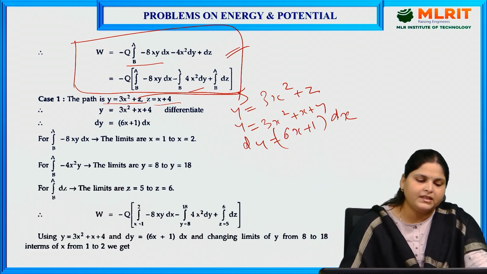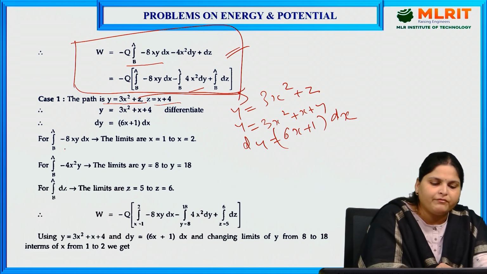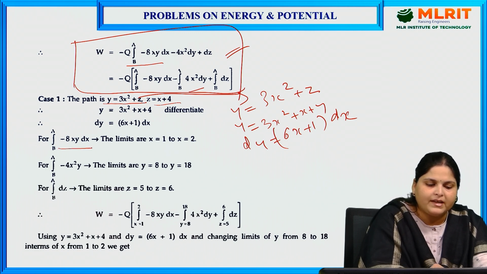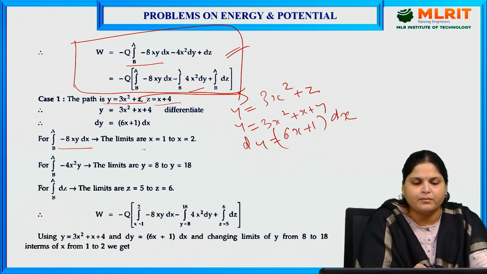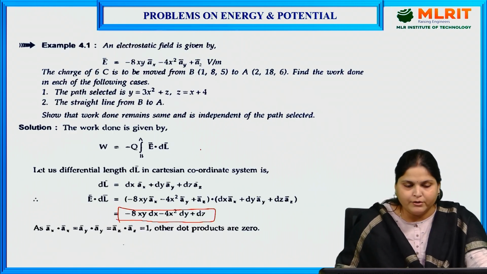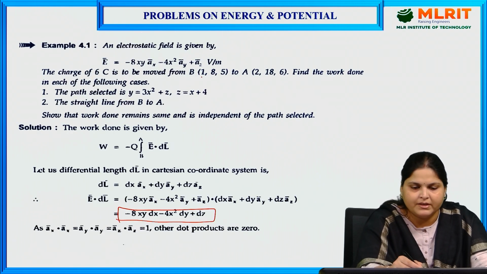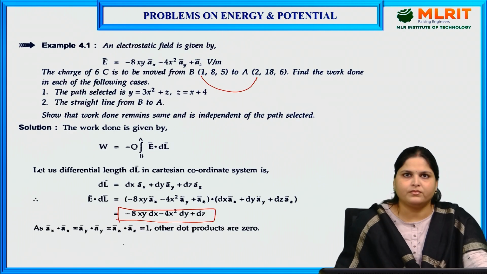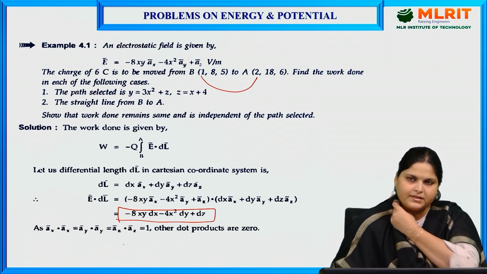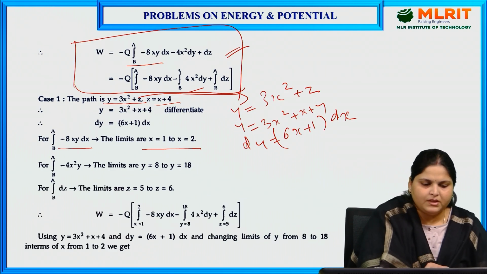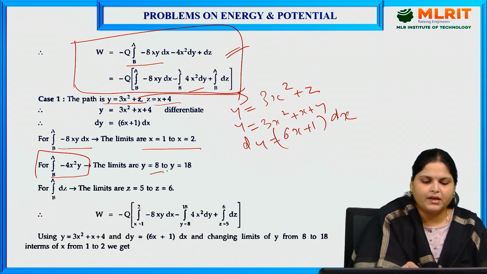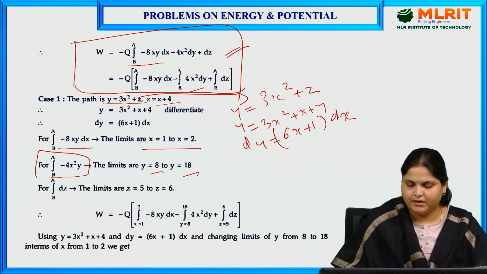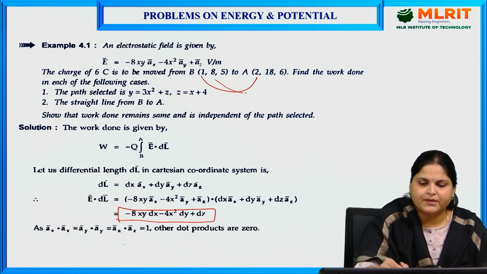Now if you see the limit for b to a, when we are talking about minus 8xy dx, the limits will be for x, means x is varying from 1 to 2, as it is given here. Next, if we are talking about minus 4x square dy, the limits will be 8 to 18 for y. It is given in the question, 8 to 18.